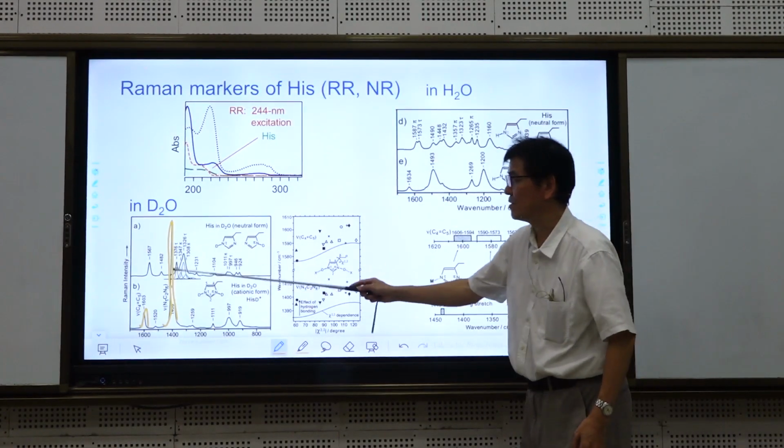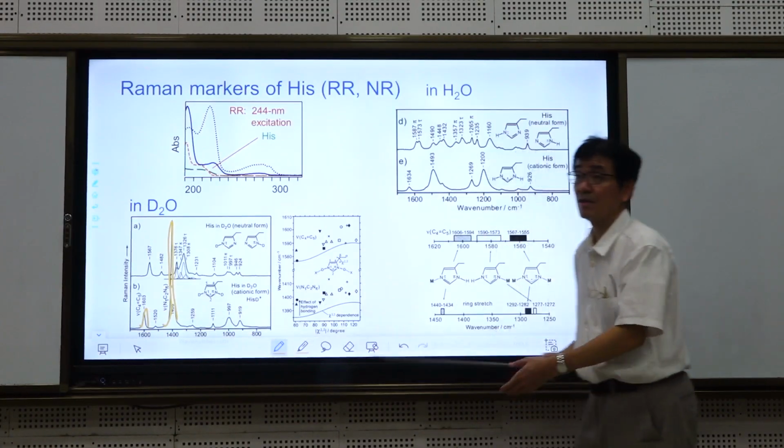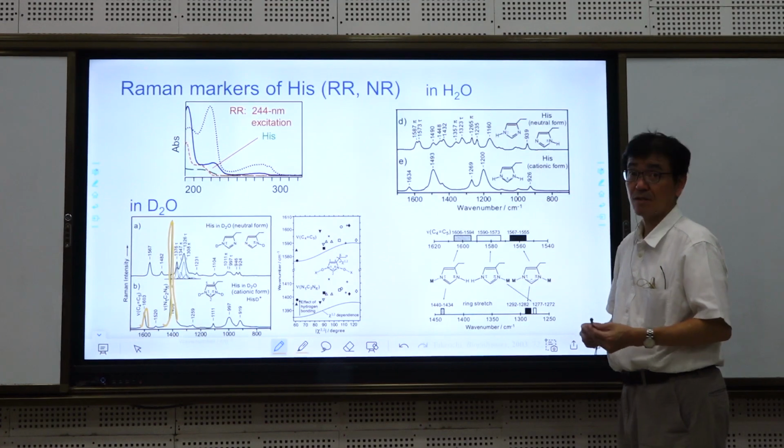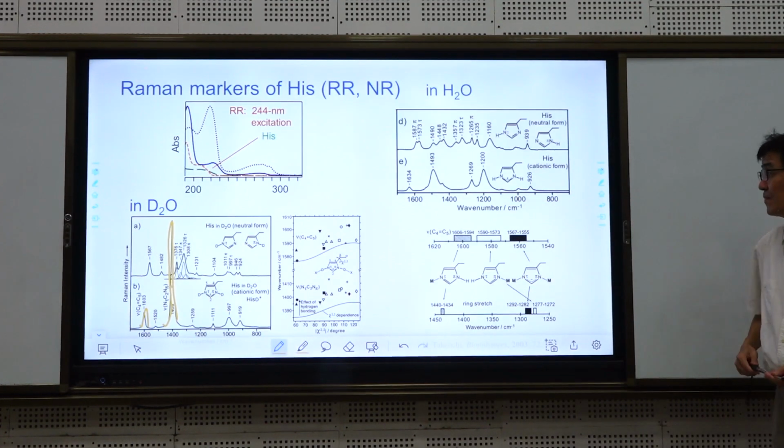Practically, these two peaks are used for the structural analysis of the histidine side chain. If you can detect this table, it is very useful.